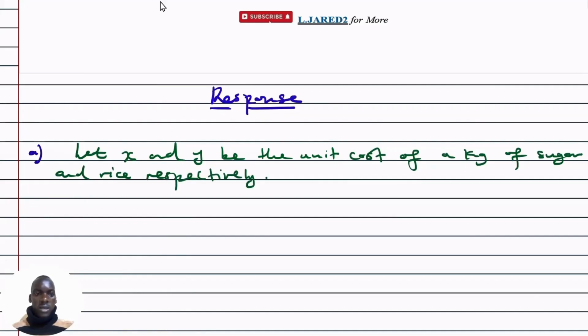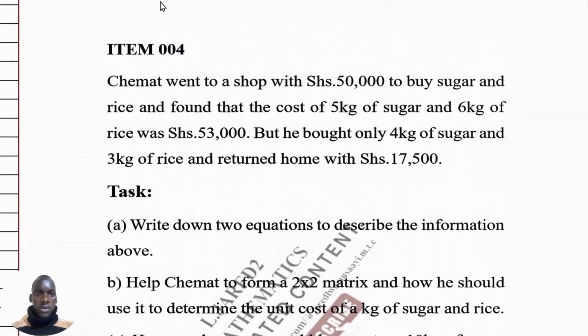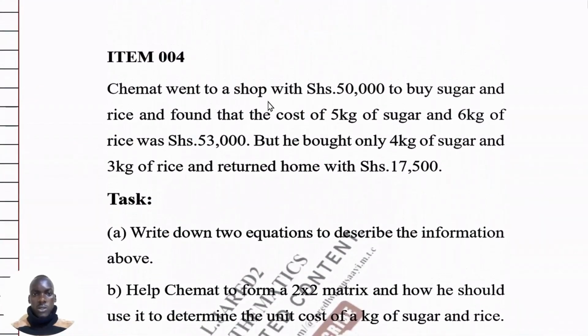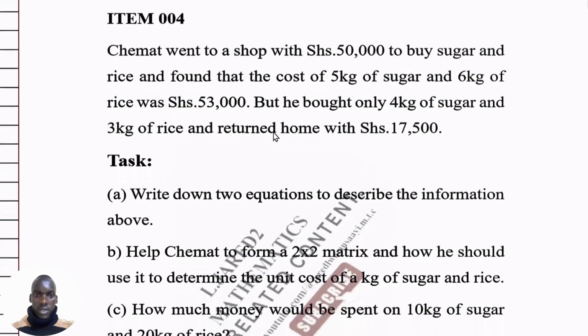So having defined our variables, then we can reverse the scenario. Kemati went to the shop with shillings 50,000 to buy sugar and rice and found that the cost of 5 kilograms of sugar and 6 kilograms of rice was shillings 53,000. So that is the first statement where we're going to get the first equation.